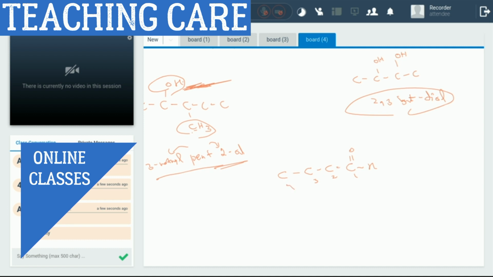You have to include that carbon also. So of course, this is butanal. But means four, and al means aldehyde. Butanal, you remember? C3H7CHO. You have already studied that.